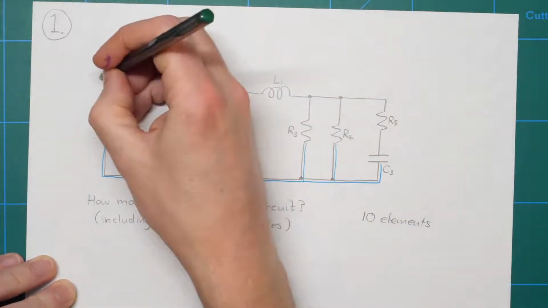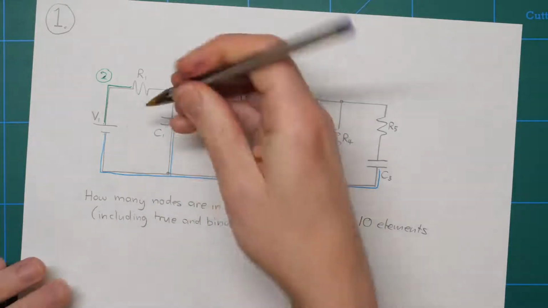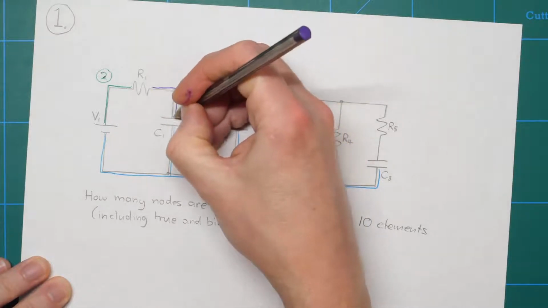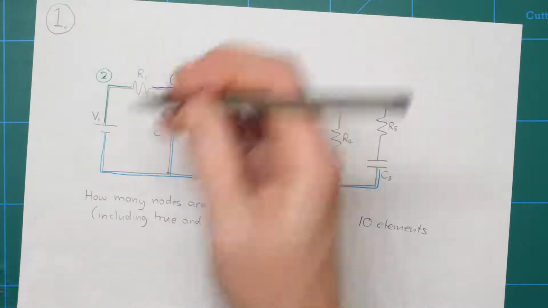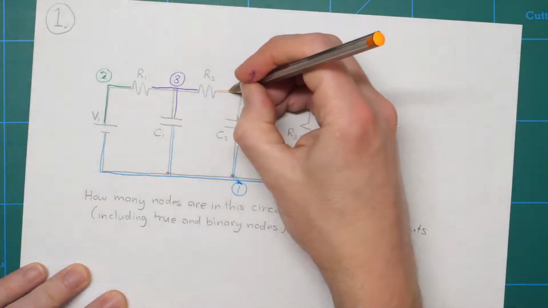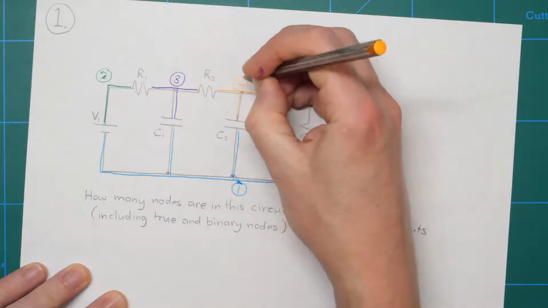Let's call that node 2. And here's another node. This one's a true node. Let's call that 3. Here's another true node. Let's call that one 4.